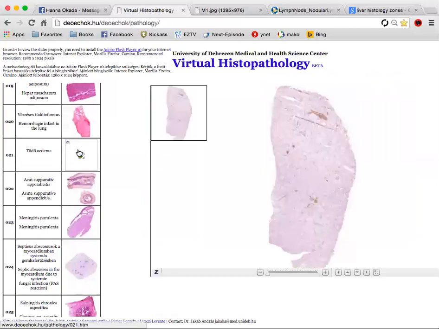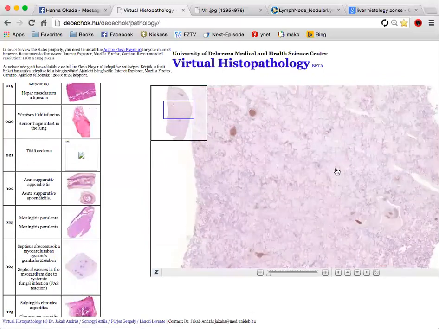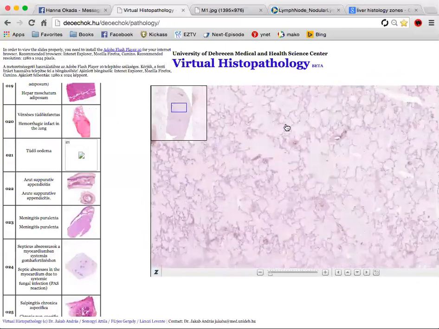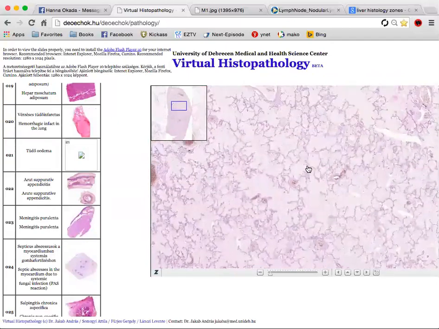So next up is pulmonary edema. And this is a lung, and pulmonary edema happens a lot in left-sided heart failure. Even if I zoom in a little bit, you can see that it's a lung. You can see all these alveolar walls.